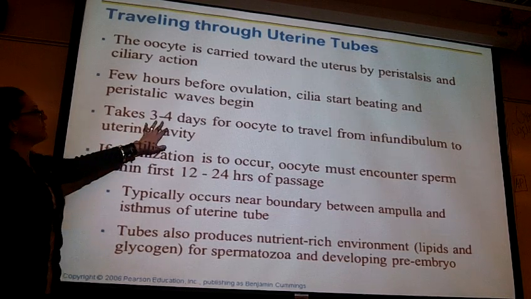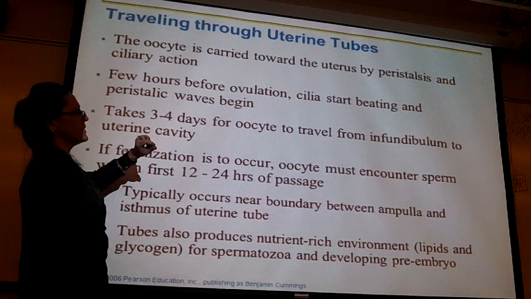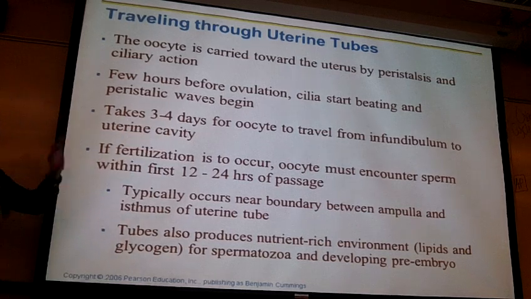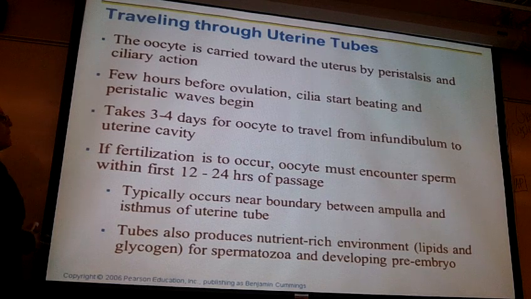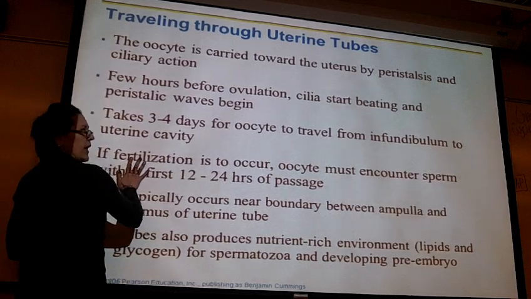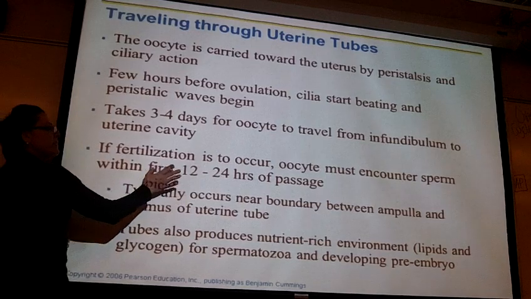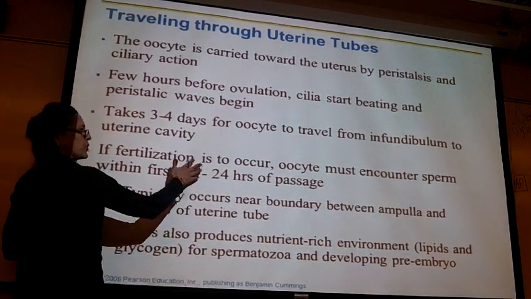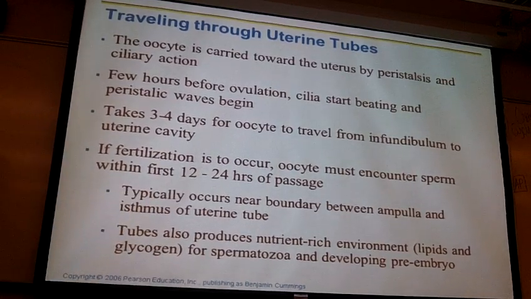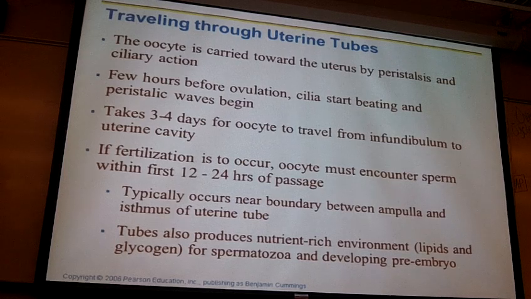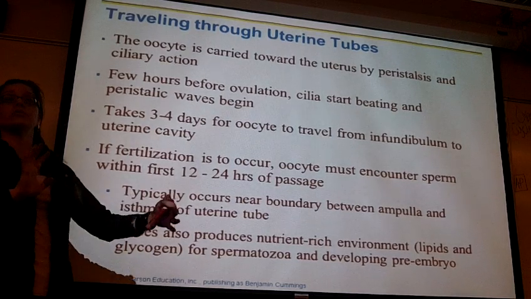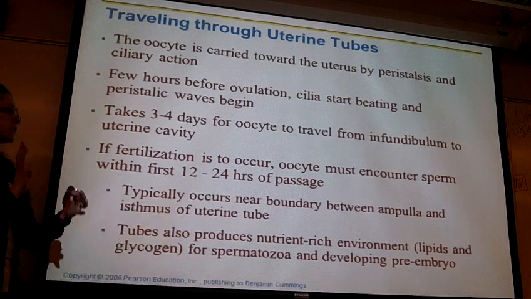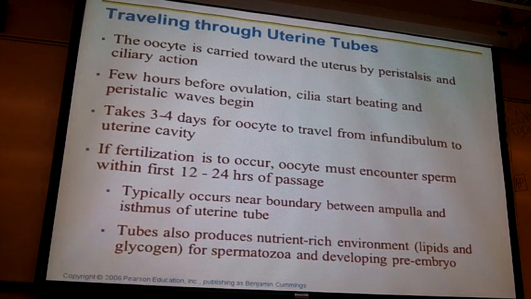I've seen this be even longer, pushing 7 days, but I would say more like 4 days. If fertilization is going to happen, generally that oocyte has to meet the sperm within an hour of being ovulated. But again, the sperm can hang out in the fallopian tubes before the oocyte is ovulated, so there's going to be a window of time there.